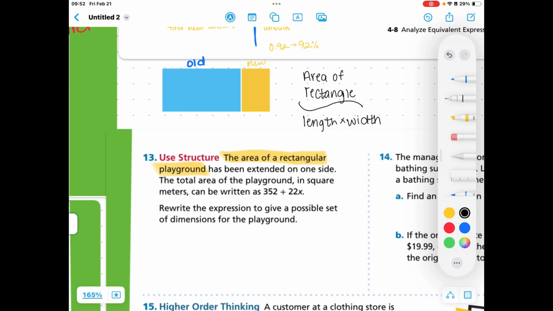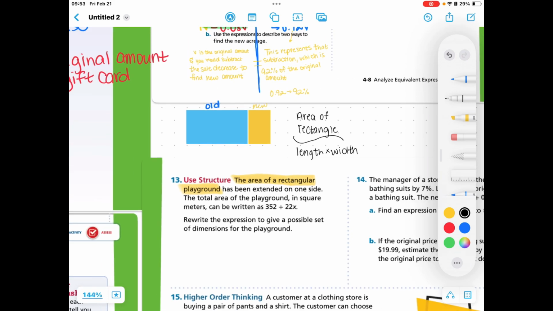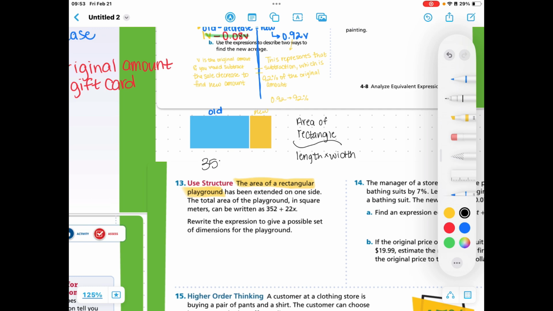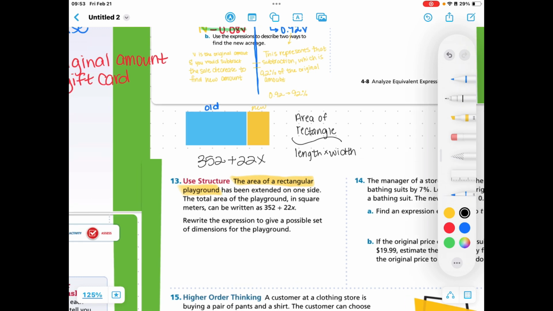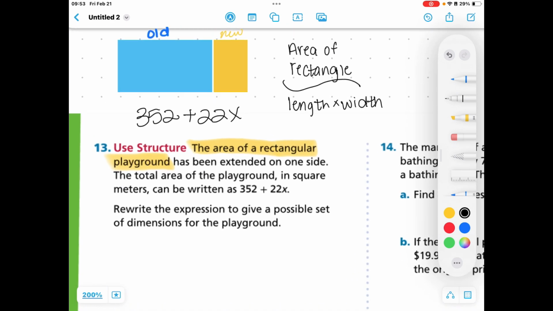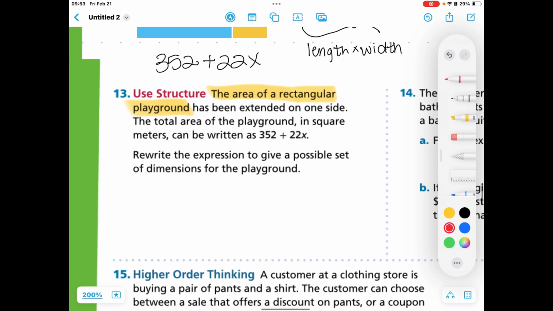Now it says the total area, this whole area, is going to be 352 plus 22x. Now, rewriting the dimensions, we just need to factor. This factoring will allow me to find the length and the height of everything that I need for this playground.